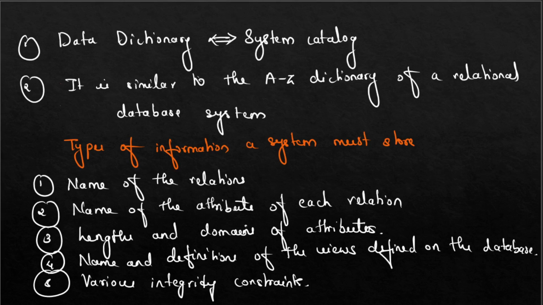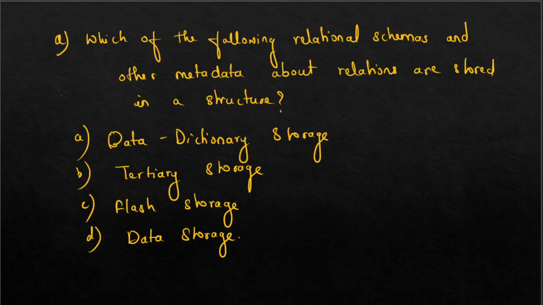And what is tertiary storage? In a large database system, some of the data may have to reside in tertiary storage. The most important tertiary storage media are optical disk and magnetic tape. Flash storage is an electronic non-volatile memory storage medium that can be electrically erased and reprogrammed.